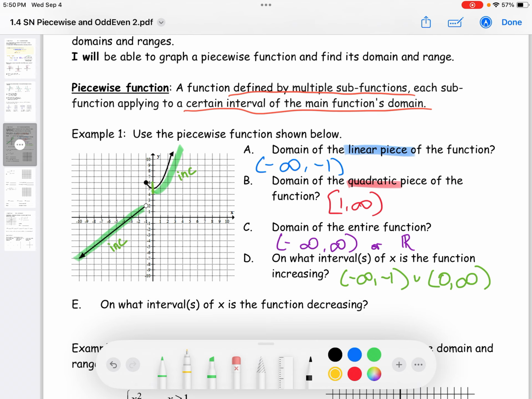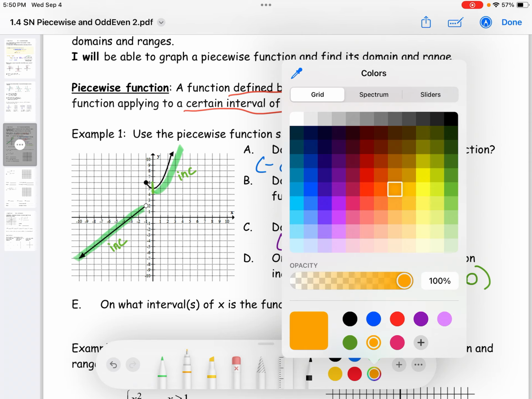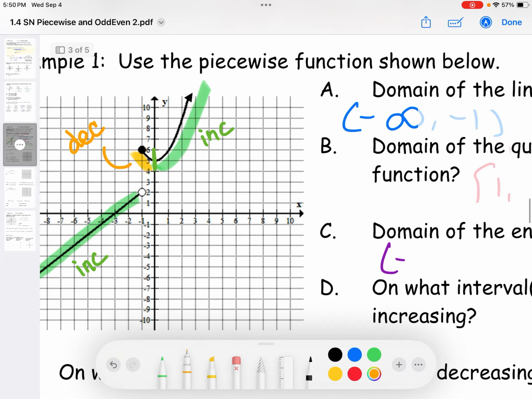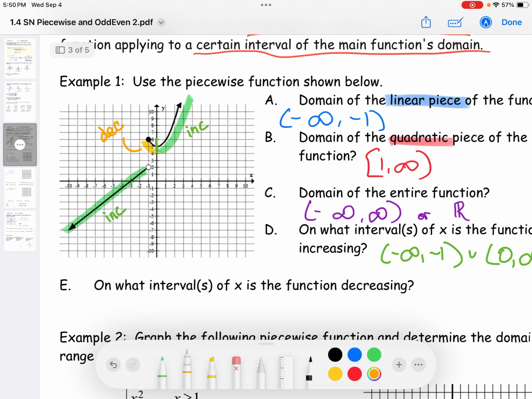That leaves a little piece that is decreasing, and that little piece is right here. This little piece is a decrease. The x is just between -1 and 0 that makes the graph decrease.